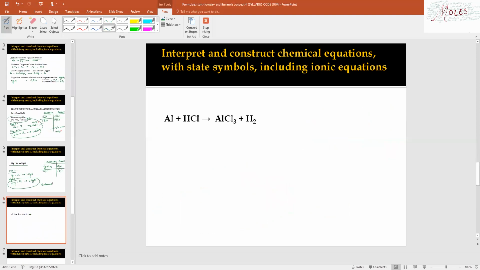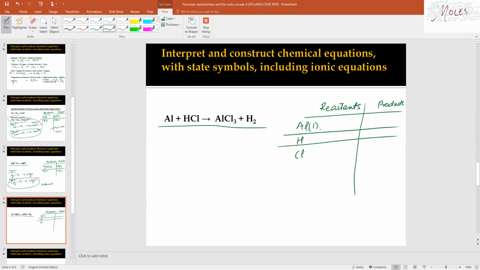Try another one. This one looks tough. This is a reaction between aluminum and hydrochloric acid to get aluminum chloride and hydrogen. First, we will make a column on right hand side, reactants, products. Start counting each atoms. We need to balance both chlorine and hydrogen in this reaction.